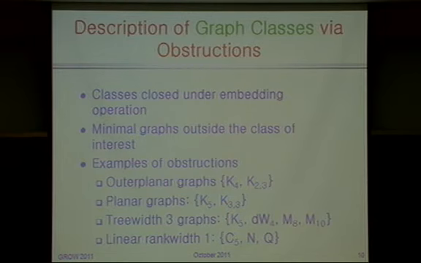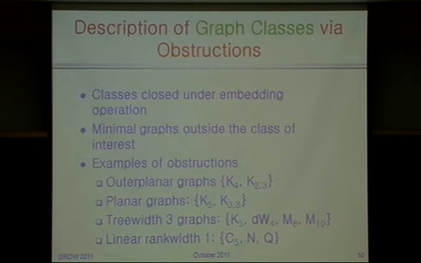And if the graph classes are closed under the embedding operation, then we have a border somewhere there which separates everything else from graphs in the graph class, and graphs minimal under this operation just above this border are called obstructions.